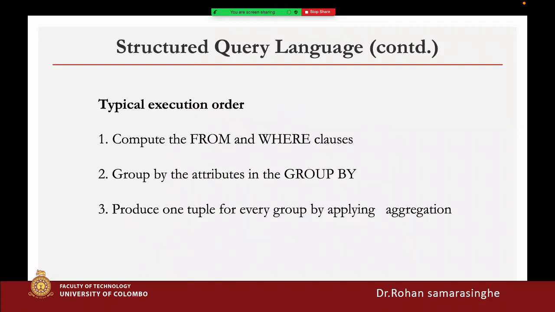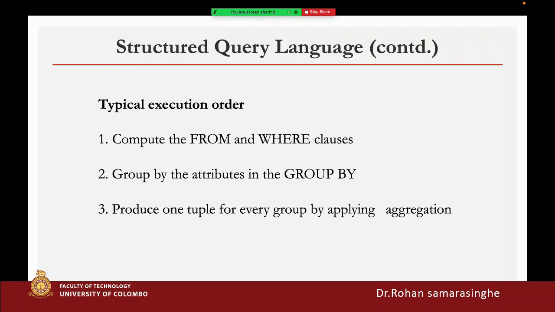The typical execution order. Let's see what is the typical execution order of this command. Compute from and where clause, then group by attributes in a group by, and produce one tuple from every group by applying aggregation.